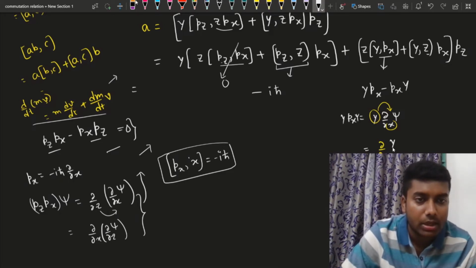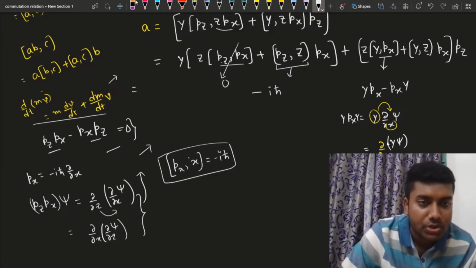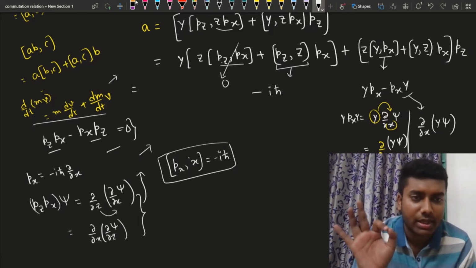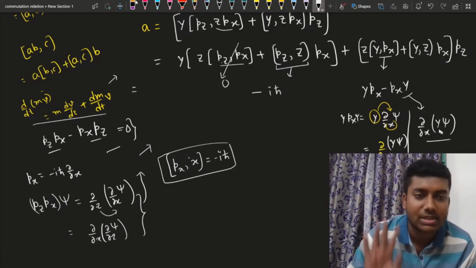y into psi. Okay, and similarly, what will be this? This will be equal to del x into y and psi. So just think about it, these and these are just the same thing.